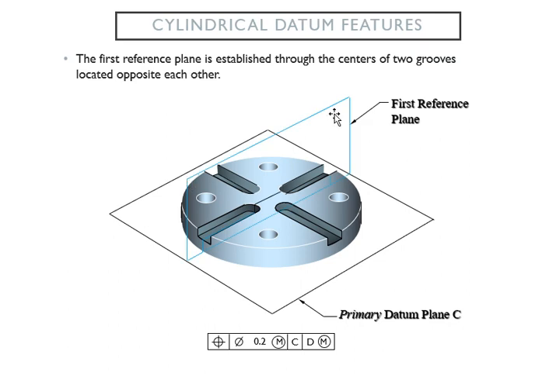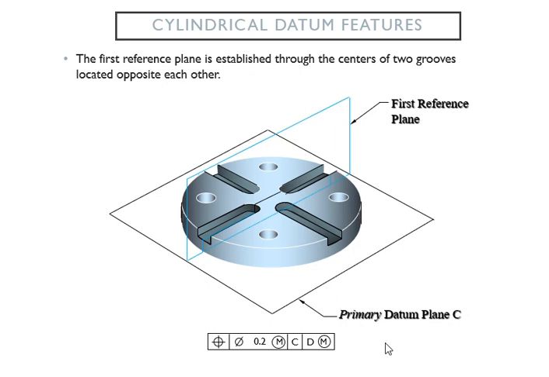Then we're going to put another plane, which is your first reference plane, and that's going to be established through the centers of these two groups right here. These groups are located opposite to each other, like 180 degrees away from each other in your drawing.